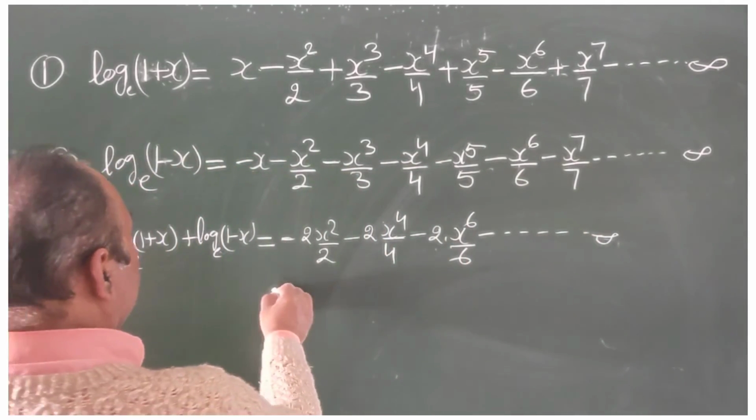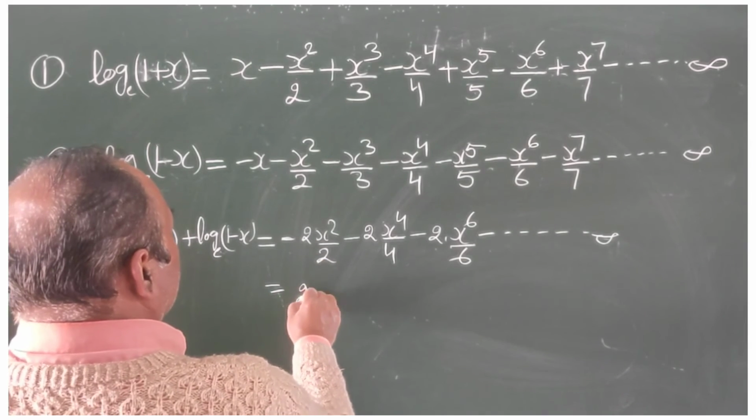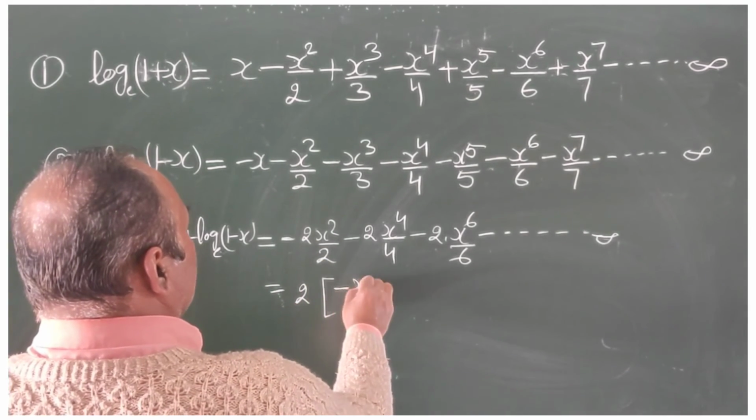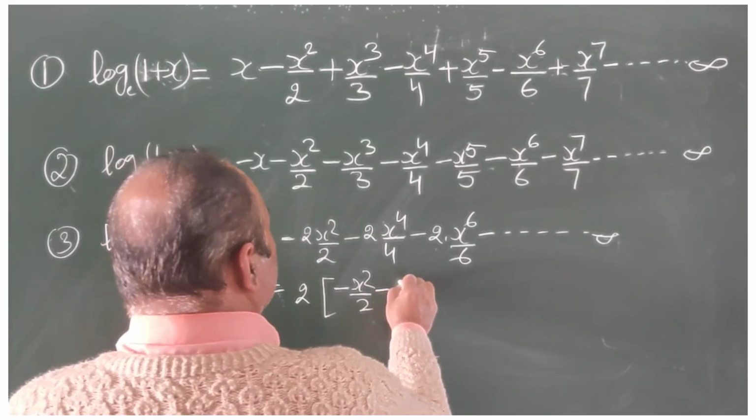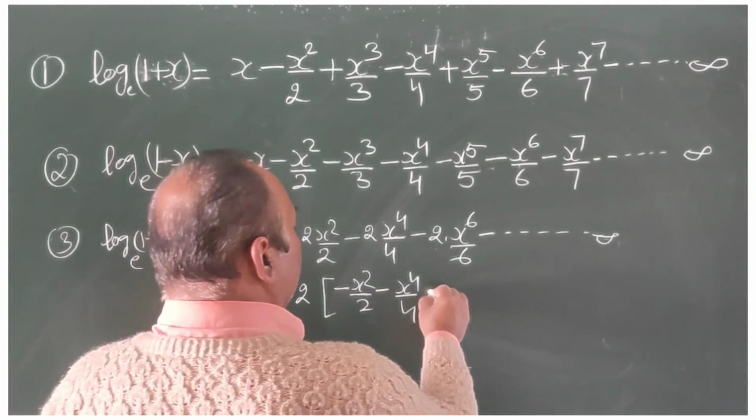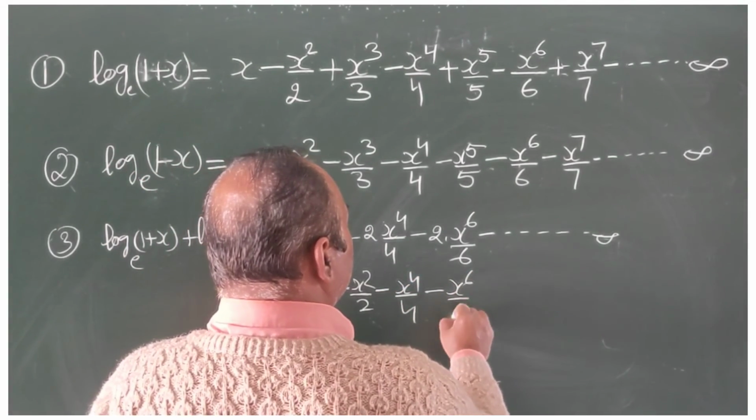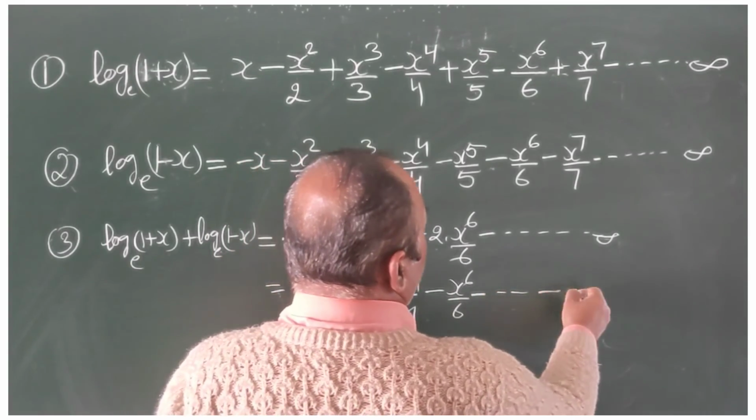Taking 2 common, we get minus x square upon 2 minus x raised to power 4 upon 4 minus x raised to power 6 upon 6 minus and so on up to infinity.